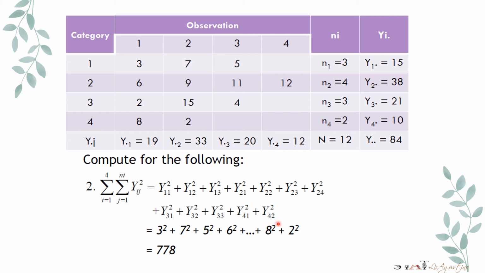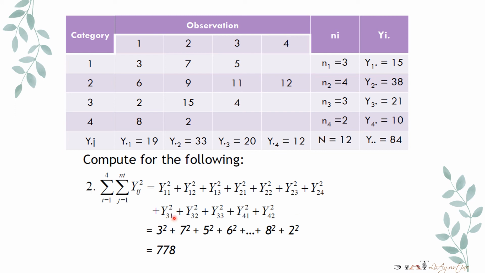As you can see, there is no y43 here. Just like in this value, remember, it is limited to the number of observations. So category 4 has only 2 observations. That's why we have y41 squared plus y42 squared.